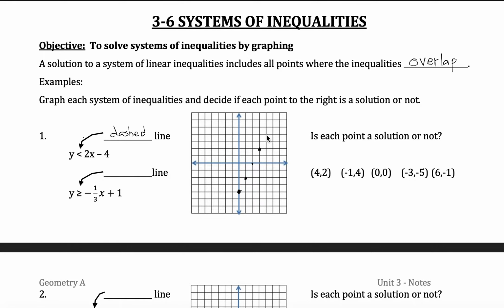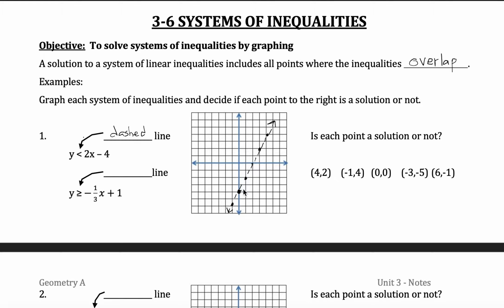I could also go down 2, left 1. And what we're going to do is connect those points with a dashed line, since we're dealing with just less than. So we have a dashed line.